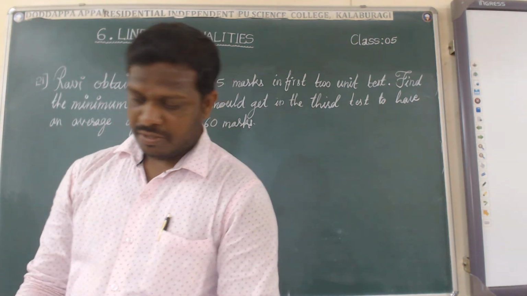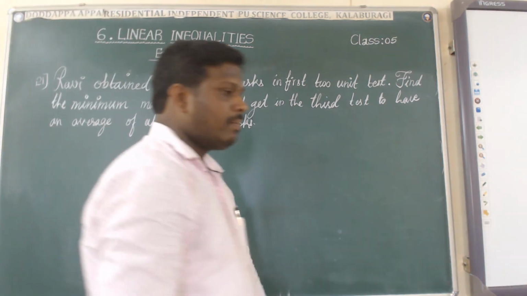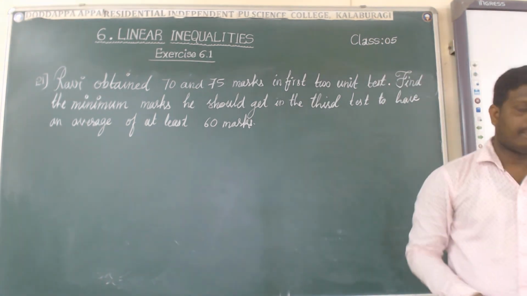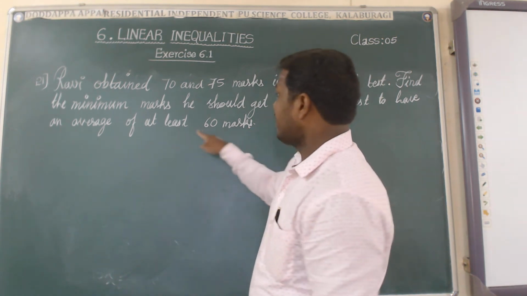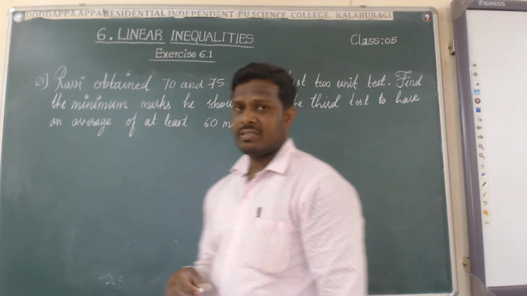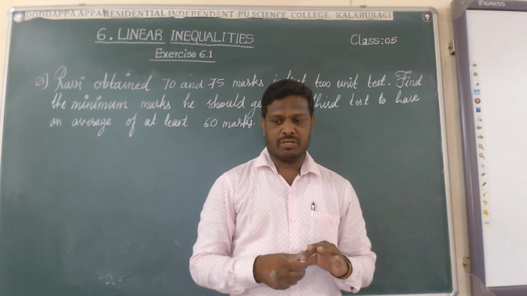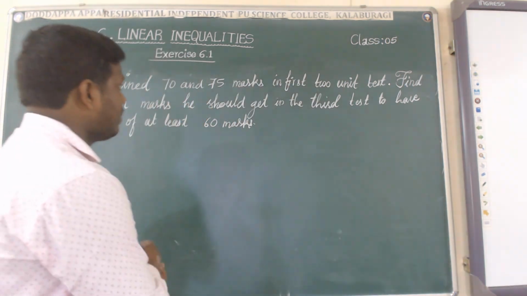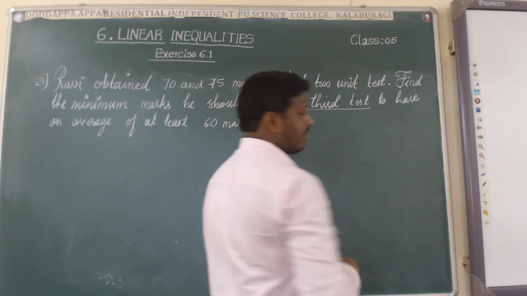By using this question we have to find the minimum value for scoring the average of 60 marks, and how many marks should be gotten in the third unit test. So we have to take the third test marks in general form.